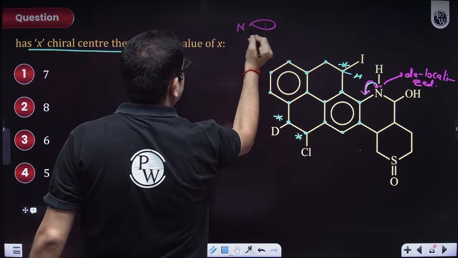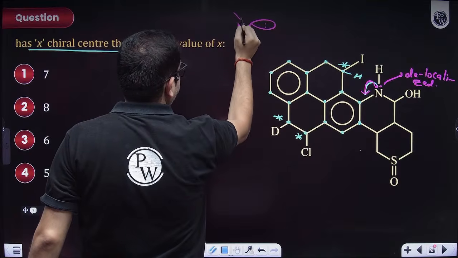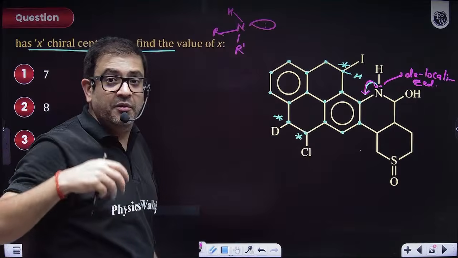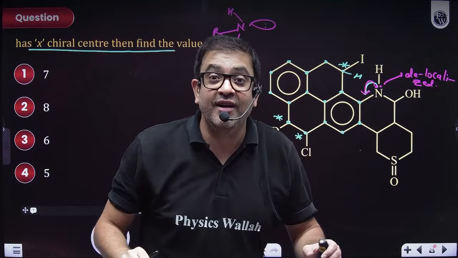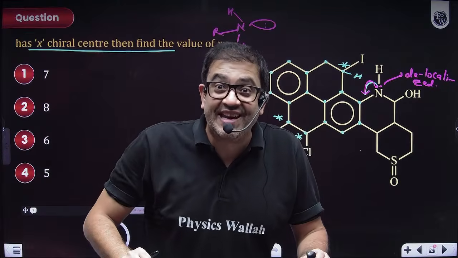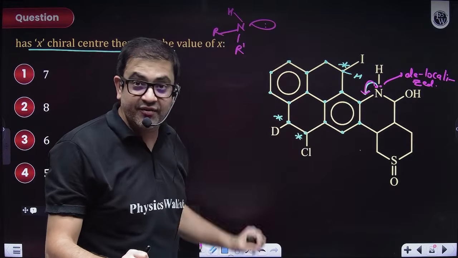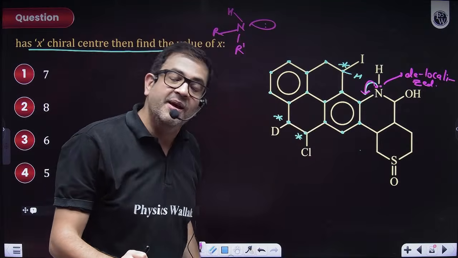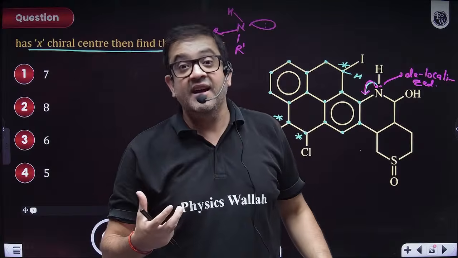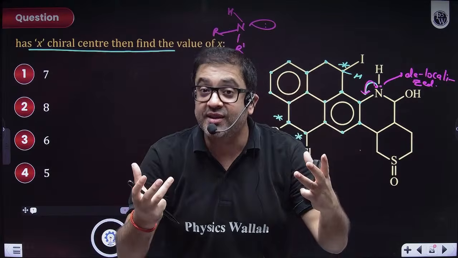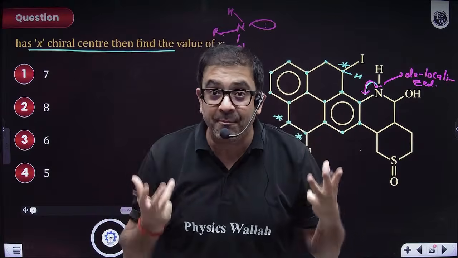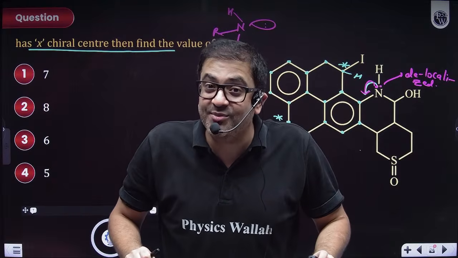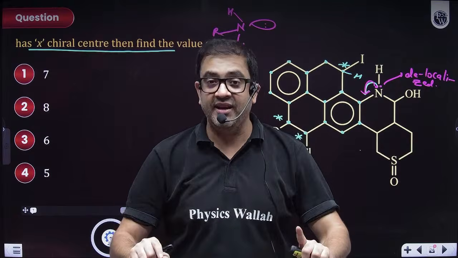Lone pair, hydrogen, R and R dash. Sir, you said it also has tetrahedral geometry like an sp3 hybridized carbon, with differently substituted bonds. Then this will also be a chiral center technically, yes, but optical isomers are two different compounds. Why are conformers not true isomers? Because they are interconvertible.